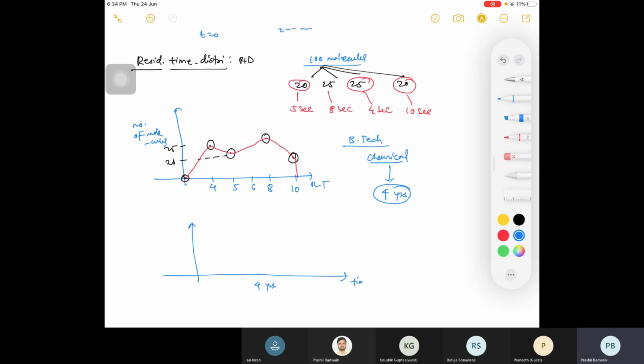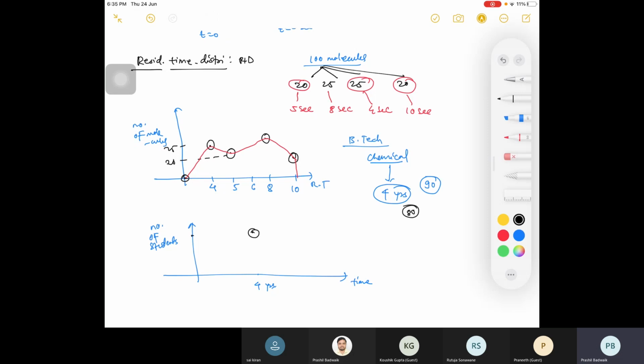This is your time, this is number of students. In our batch suppose there are 90 students. Most of the students will complete in 4 years, so suppose around 80 students complete in 4 years, and you will have 80 here.